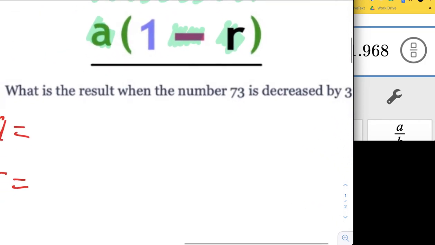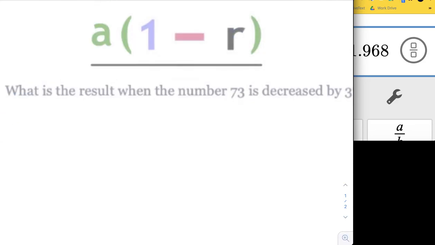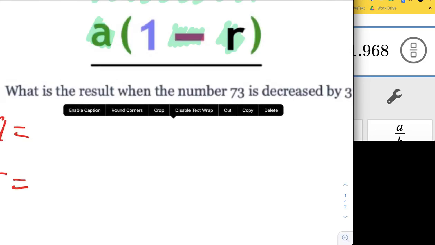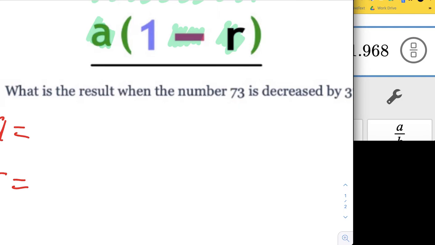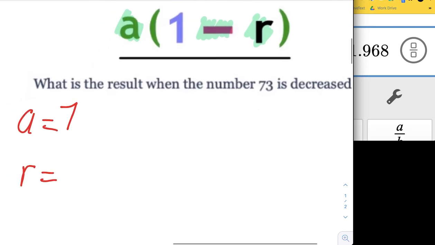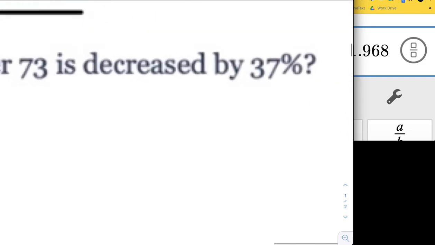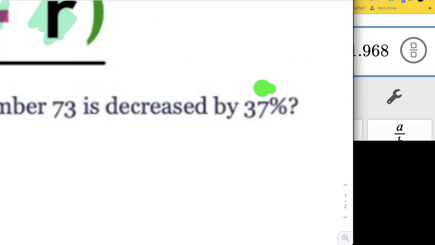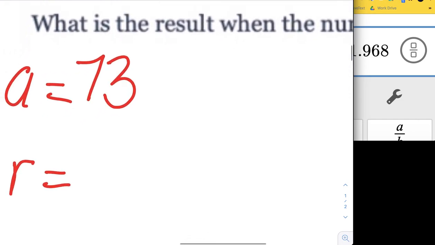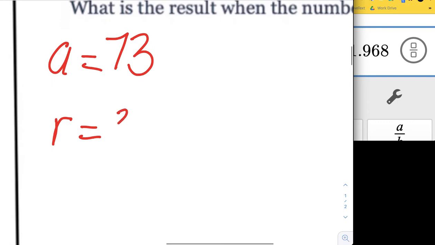What is the result when the number 73 is decreased? So 73 is what we're starting with right here. Now our rate, we need to convert this 37% to a rate. So we're going to convert it by saying 37 divided by 100.